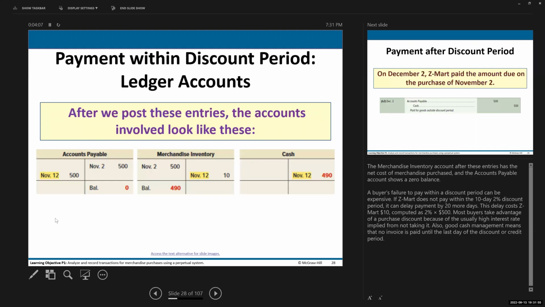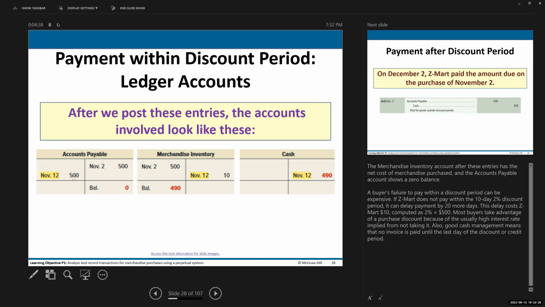Okay, so what does this look like? When we bought the merchandise, we debited merchandise inventory and we credited our accounts payable, right? We bought the asset. We told the guy, I'll pay you later. Now we're paying it later, on November 12th. And so we're going to be forgiven for the full 500. But because we paid within the discount period, we get 2% off.